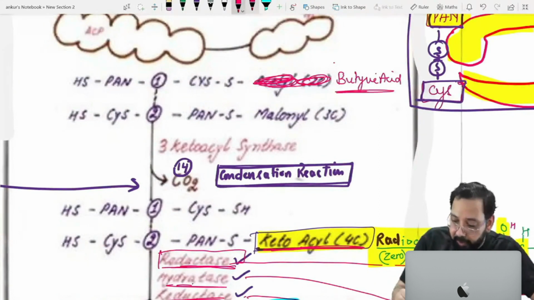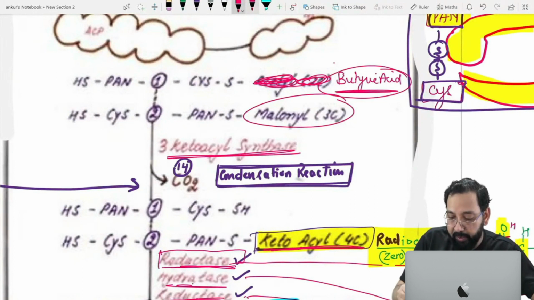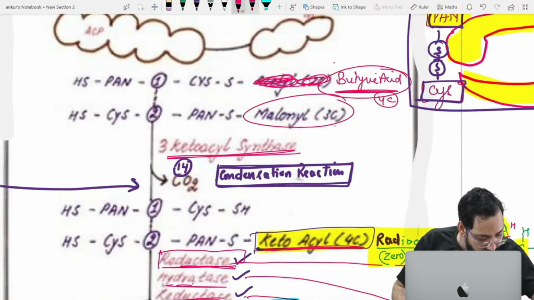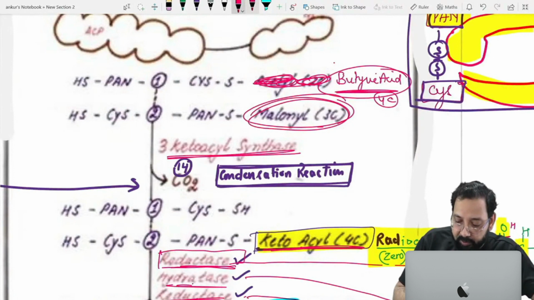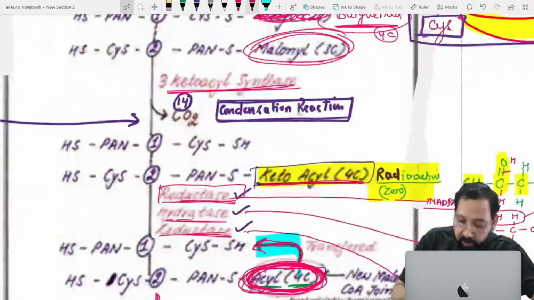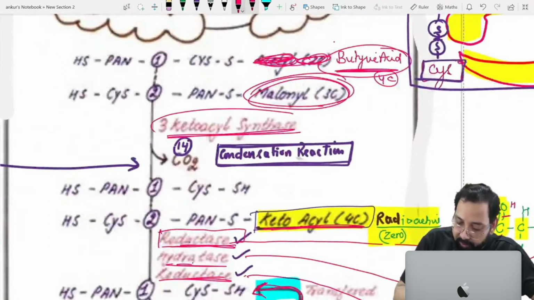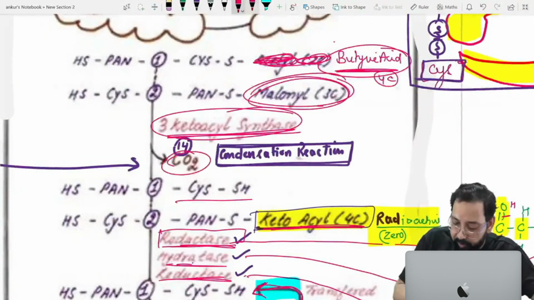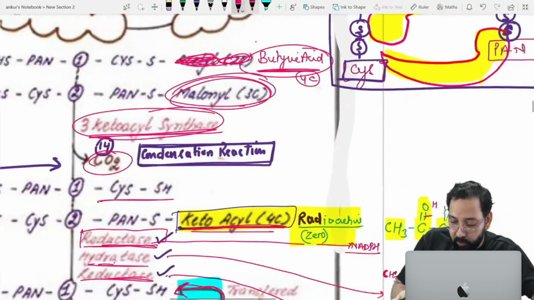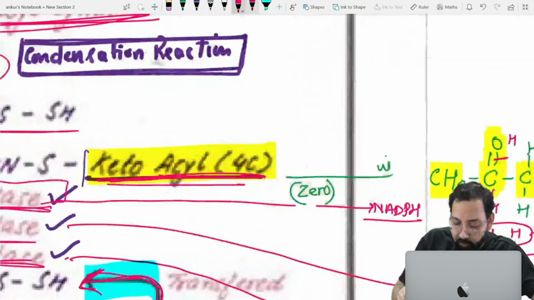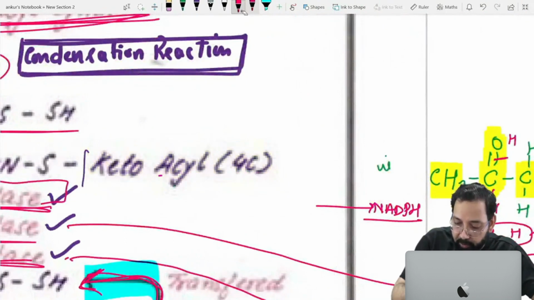If this is butyric acid, a condensation reaction occurs with malonyl: butyric 4 carbon, malonyl 3 carbon, giving a 7 carbon compound. Ketoacyl synthase acts, CO2 is removed, and a ketoacyl compound is formed. In this ketoacyl, how many carbon should be there? 6 carbon should be there.